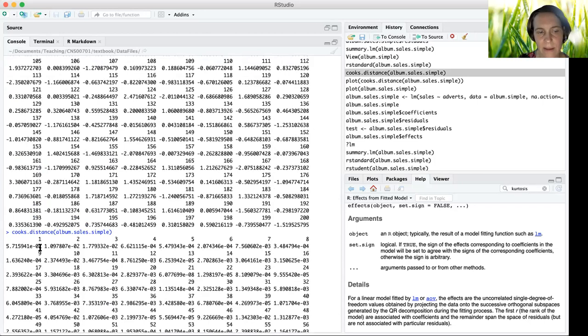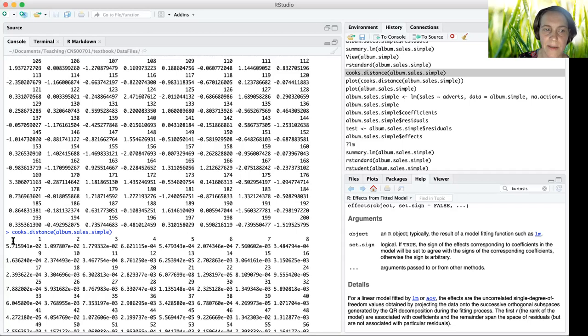Again, as a reminder, Cook's distance is a measure of how influential a data point is. It takes into account both the leverage, so how unusual it is in terms of the X value, and the discrepancy, or the size of the residual.